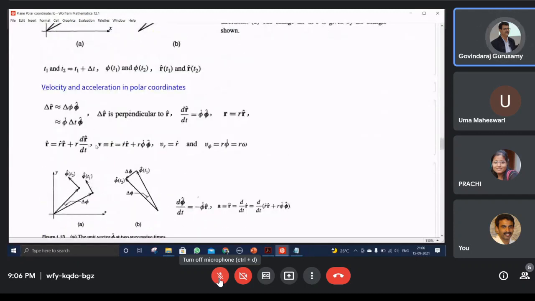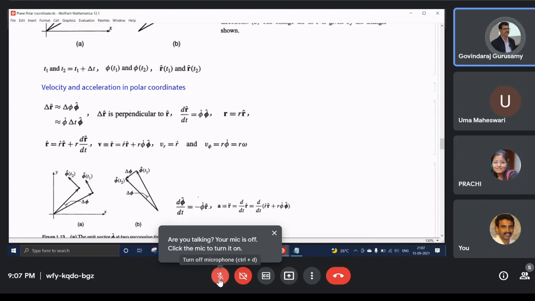So naturally, you see that the velocity components with an r cap and a phi cap are going to be perpendicular. Now this is your angular, tangential motion. It is something like r phi. What is r phi? R into phi. R phi is the length, no?